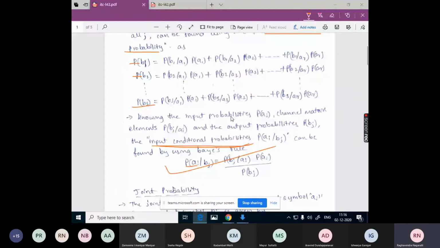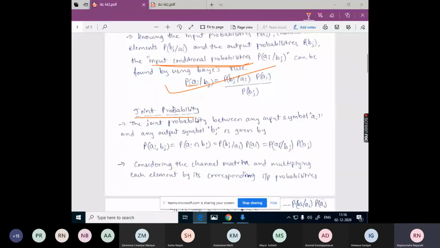So there are conditional probabilities we can use for the prediction of outputs and input conditions. Now coming to the joint probability. As the name indicates, the joint probability between any input symbol and any output symbol is the probability with which one input symbol is transmitted and the output symbol is received at the receiver.